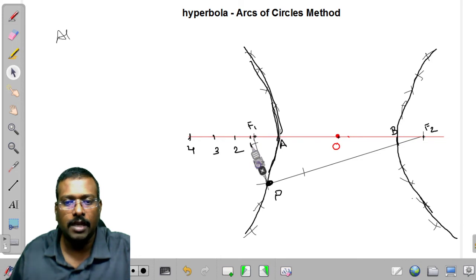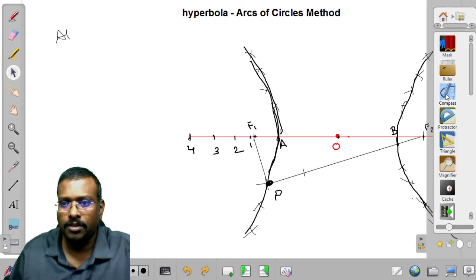With those 2 points as centers, with the same length as radius, wherever they touch. Excuse me, there is a problem with the compass.